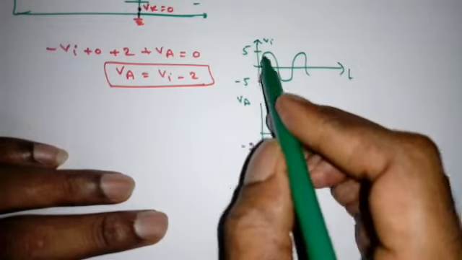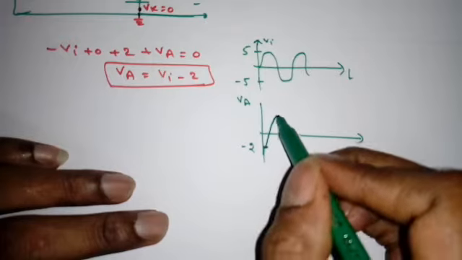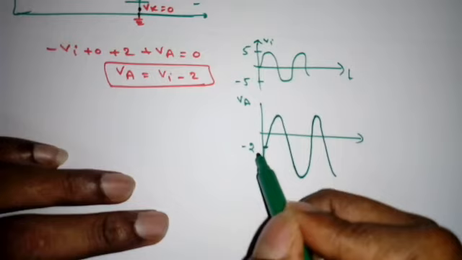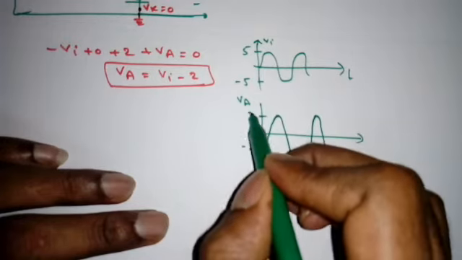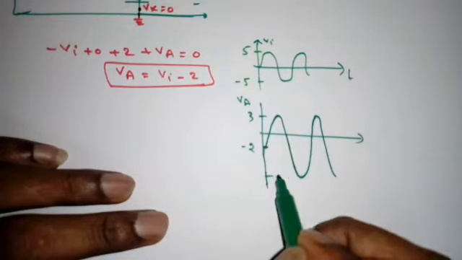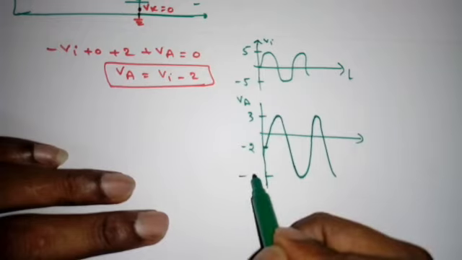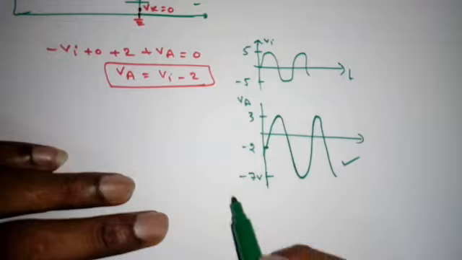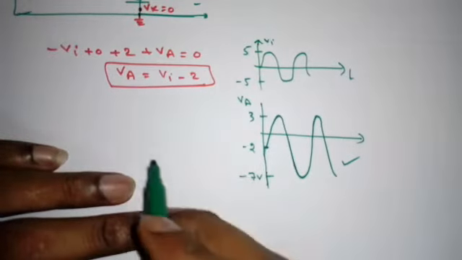So when I give 5 volts, it will become 3. So minus 2 volts is now the DC level. The maximum is 3, and the minimum on the negative side is minus 5 minus 2, minus 7 volts. So that is the meaning of Va equal to Vi minus 2.